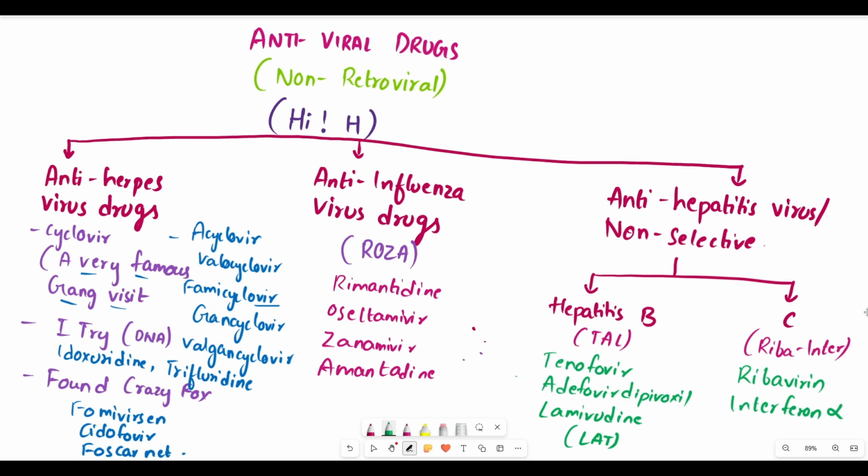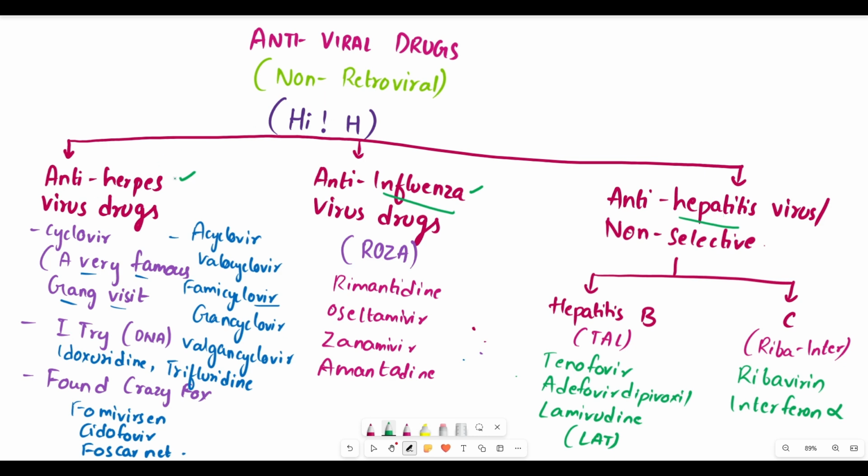Let me just repeat this entire classification for you once again. So the antiviral drugs, initially coming to the non-retroviral drugs, remember HIH to remember the subclasses, where H means anti-herpes virus drugs, I means anti-influenza virus drugs, and H means anti-hepatitis virus drugs.